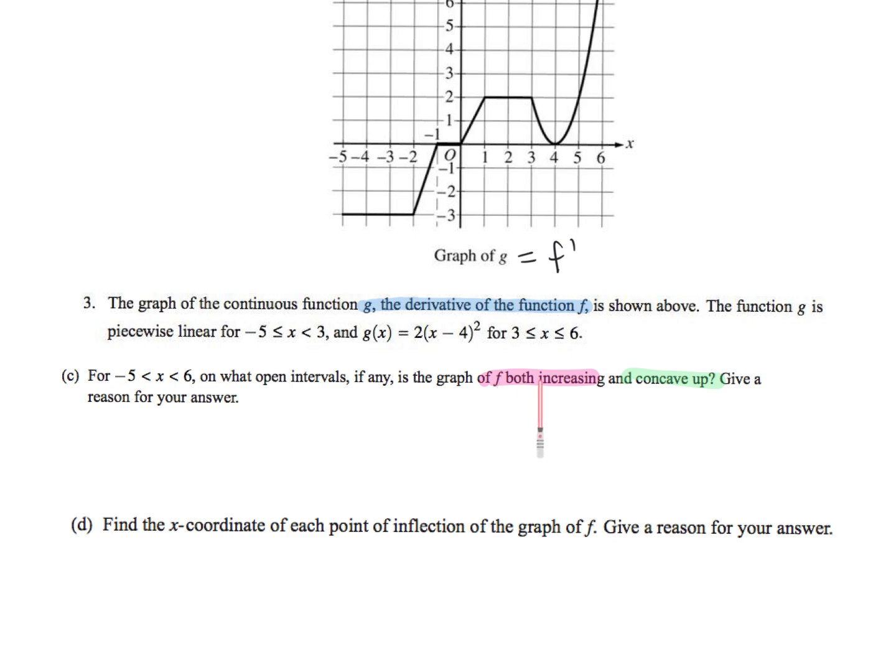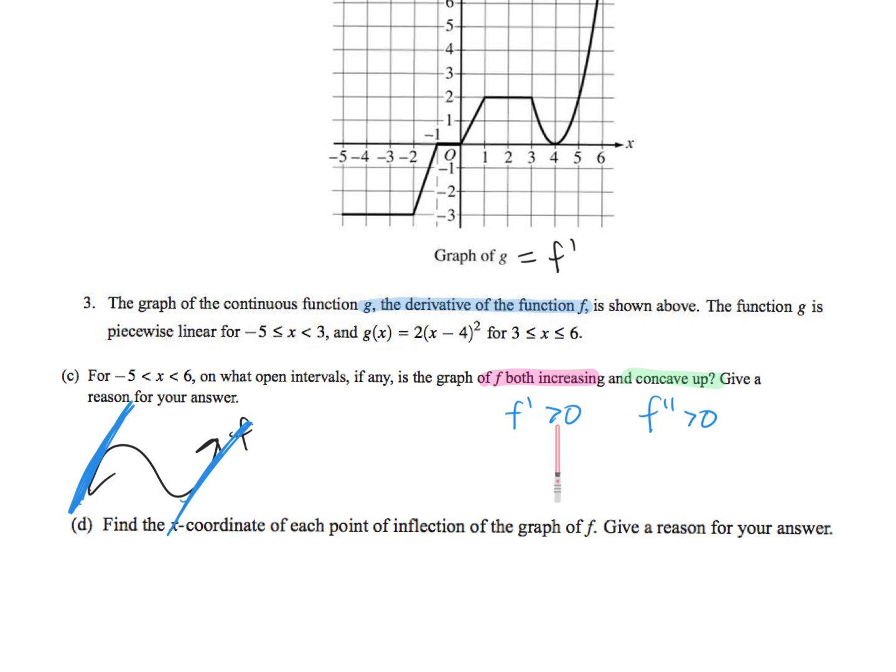So for my function F to be increasing, what do I know about F prime? F prime is positive. So I'm just going to write that off to the side. For F to be increasing, F prime is positive. For F to be concave up, my F double prime is positive. Those are your reasons right there.